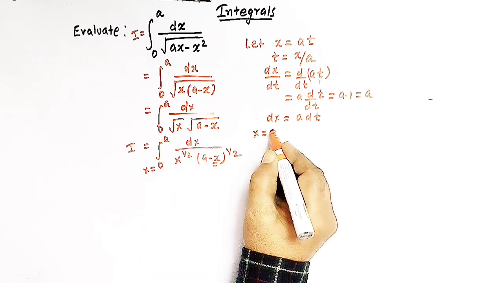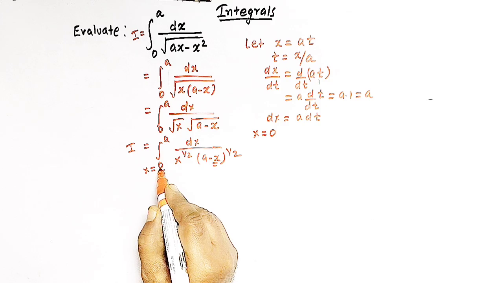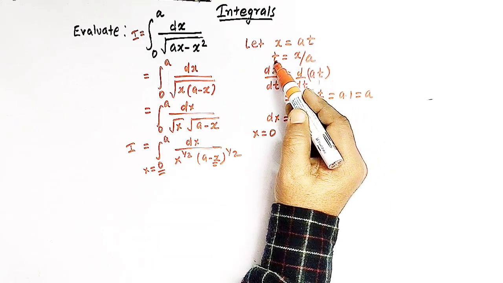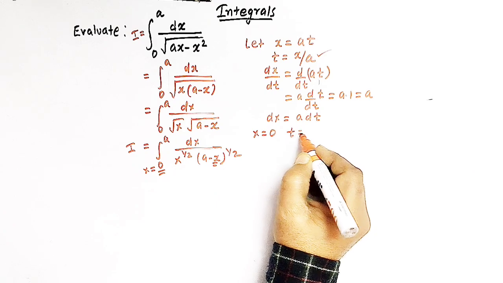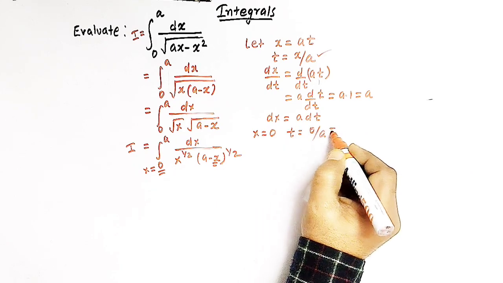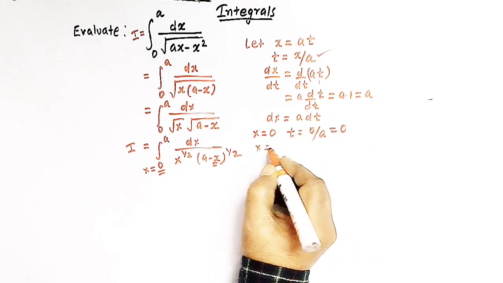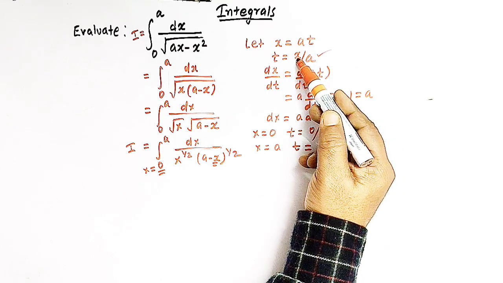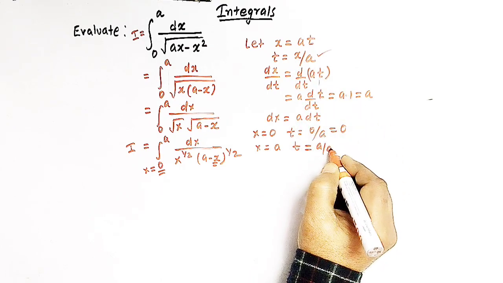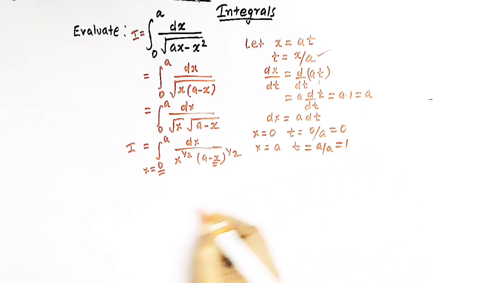Okay, now here the limits of integration vary from 0 to a. So when x is equal to 0, which is the lower limit, the value of t can be obtained from this relation. So we have t is equal to 0 over a, that is 0, and when x is equal to a, then t is equal to a over a, that is 1, right?